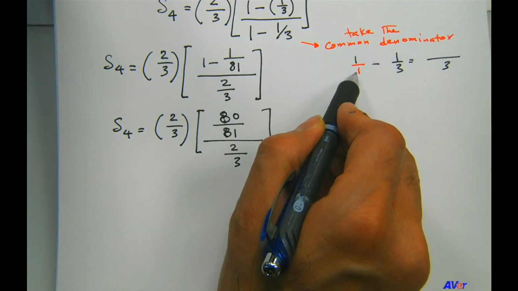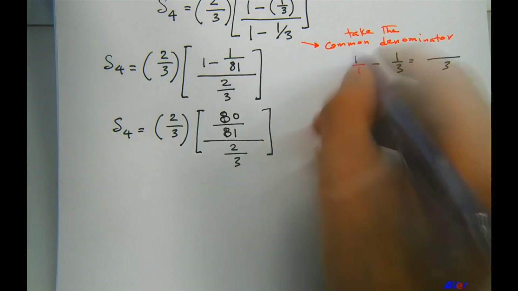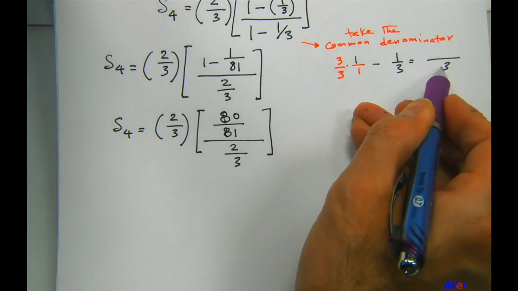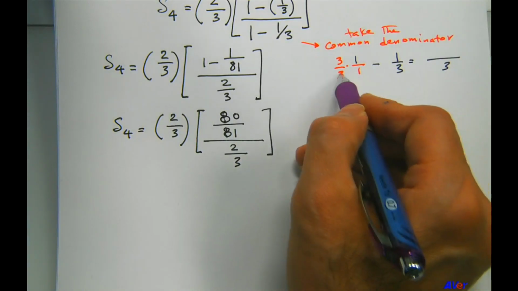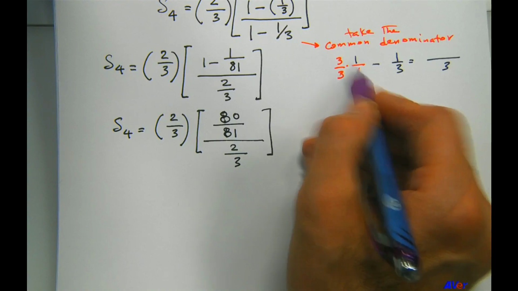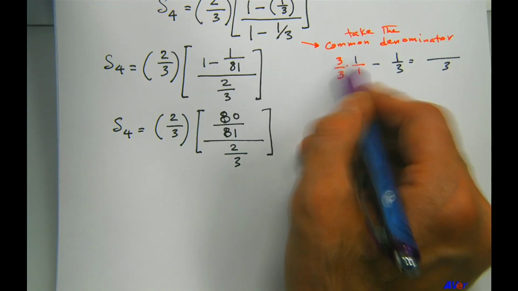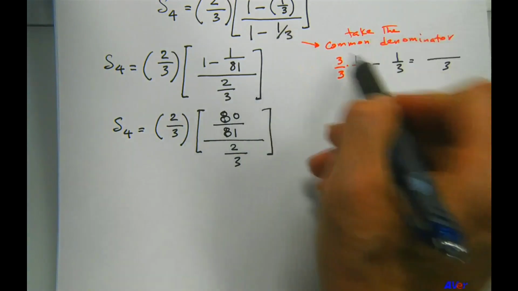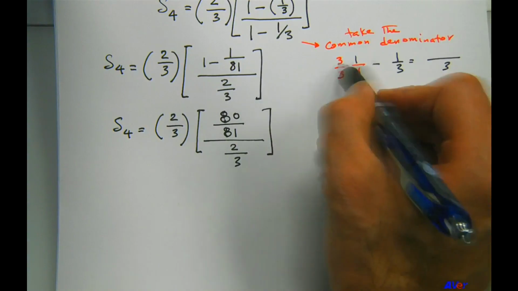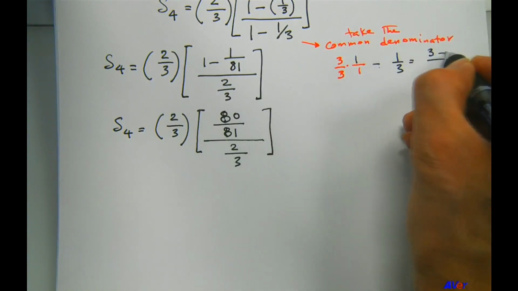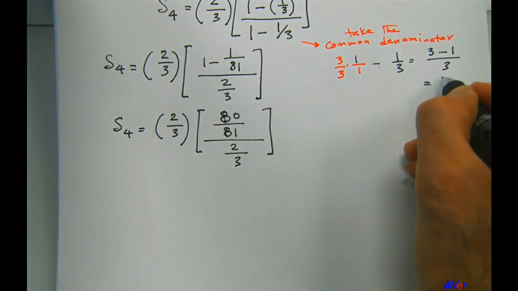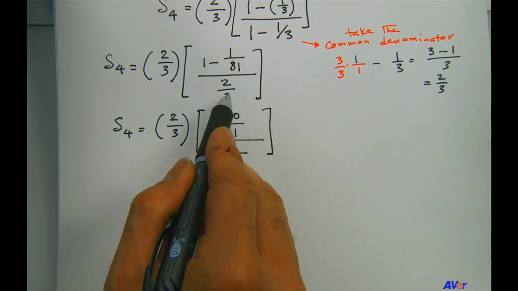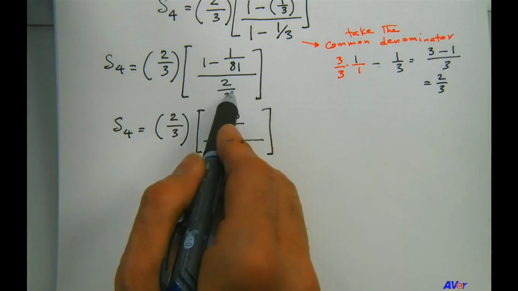This one is not. We need to get it to that point. So we'll multiply this fraction by 3 over 3. Our objective is to obtain the common denominator 3. But we can't multiply just the denominator. We need to multiply the numerator by the same number. Okay? So now we have 3 and we have 3 in the denominator. That means we can add or subtract the numerators. So 3 times 1 is 3 minus 1. And we end up with 2/3, which you see here. Okay, that 2/3 you see here is coming from that.